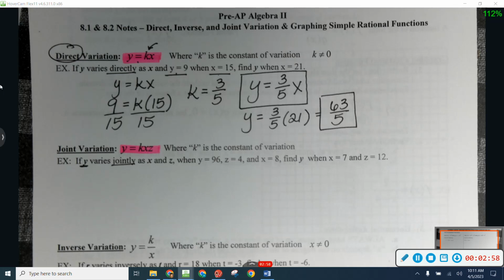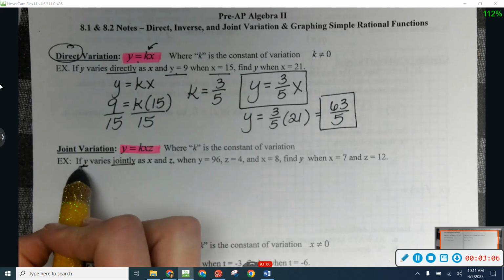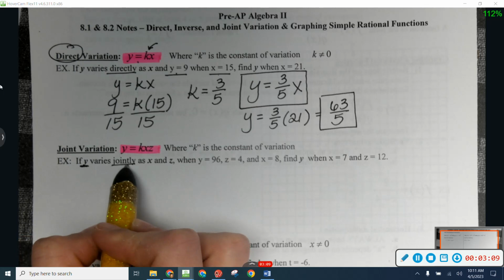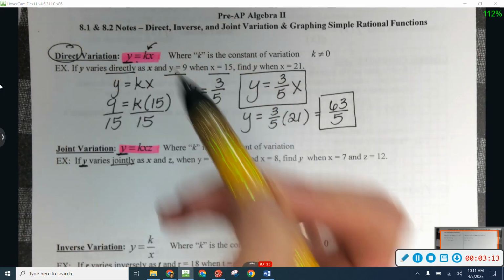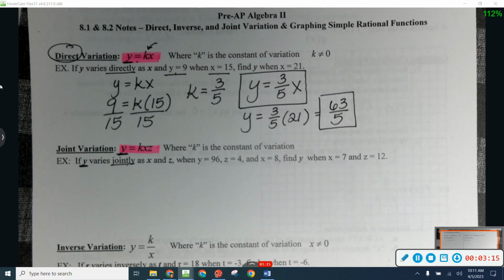If z varied jointly with x and y, then it would be z equals k times x times y, okay? So pay attention to that wording. Whatever is varying jointly or directly or inversely is going in this spot, okay? You might have problems where it mixes up the variables, so that's why I'm saying that, okay?